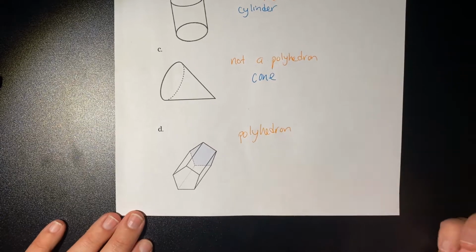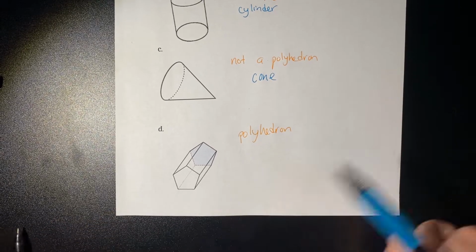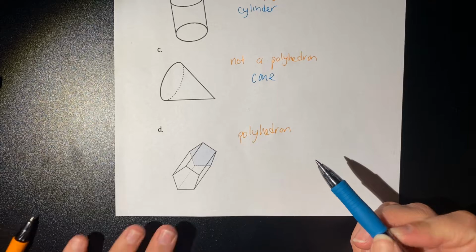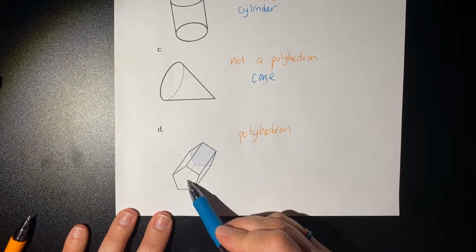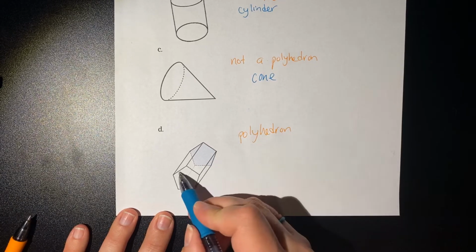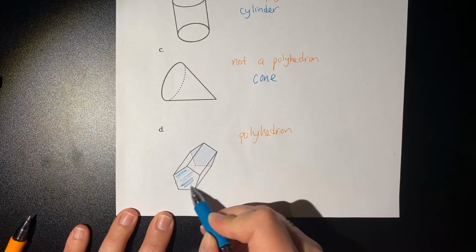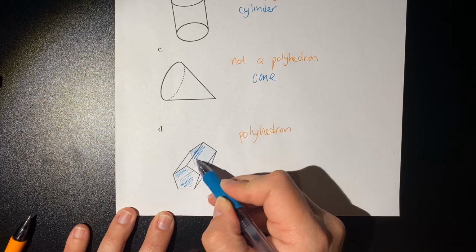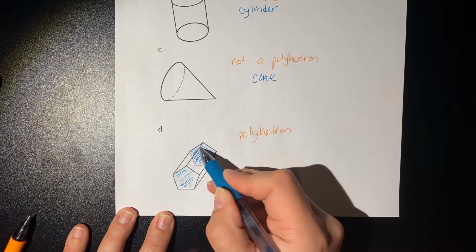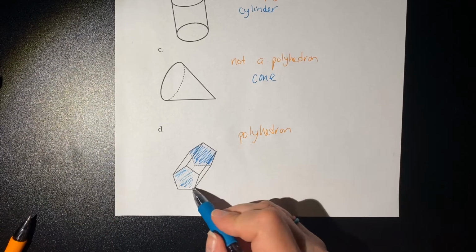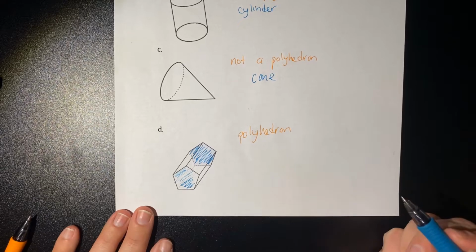If we look at this polyhedron, let's figure out what our bases are. It's the sides that are the same and parallel. Well, that would be actually this shape, not our shape laying down. It's this shape right here. So in order to name this, we need to figure out, first of all, what shape the bases are.